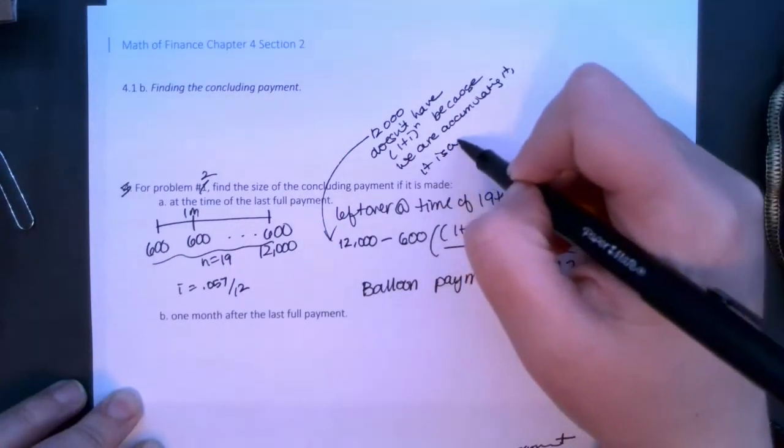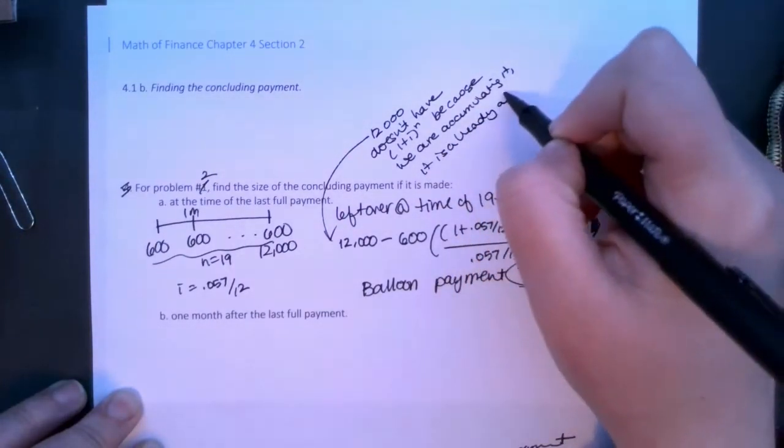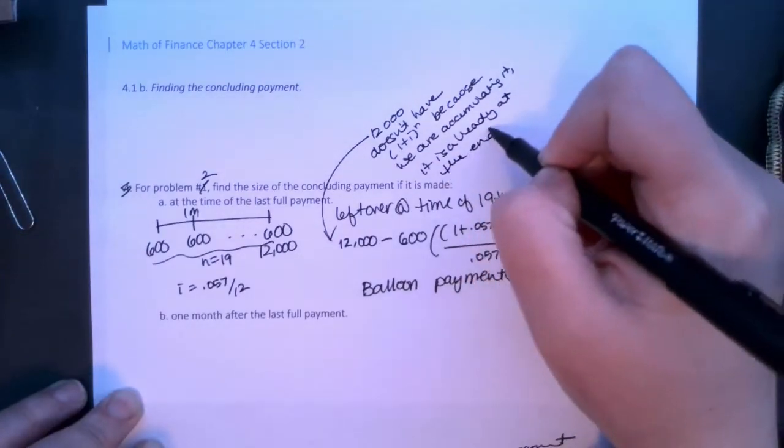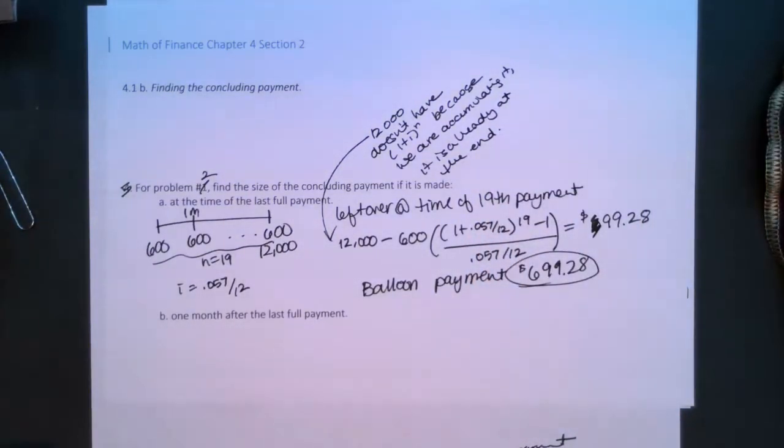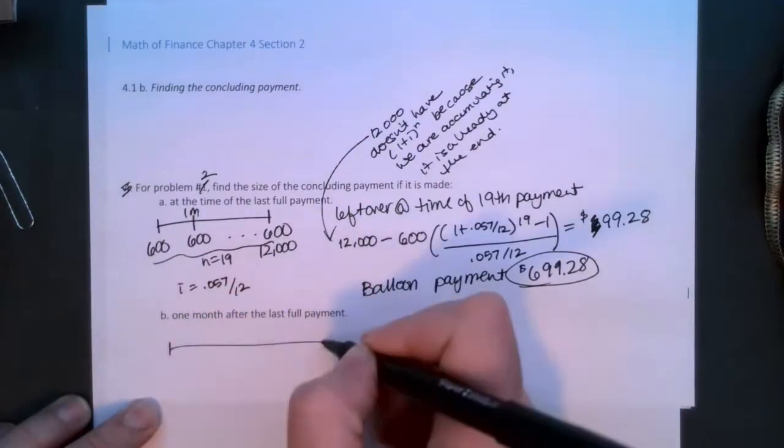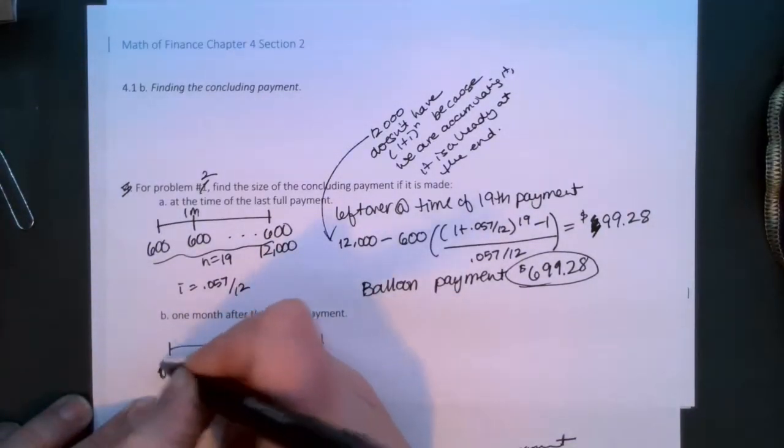It is already at the end. Okay, so again, it has to do with the focal date, so it's just a variation of the formula. So when we do 1 month after the next full payment, again, we're not going to have the 1 plus I part with our $12,000 because we're trying to get that at the end. So you can almost think about it as a separate timeline.